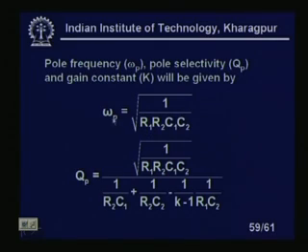The problem in this type of single amplifier structure is this: suppose after fabrication I got 900 hertz, and to get 1 kilohertz I tune. The problem is that Q p also will change, because this R1 is common in both.